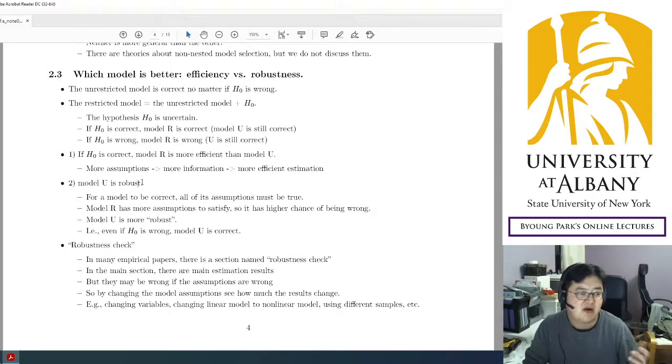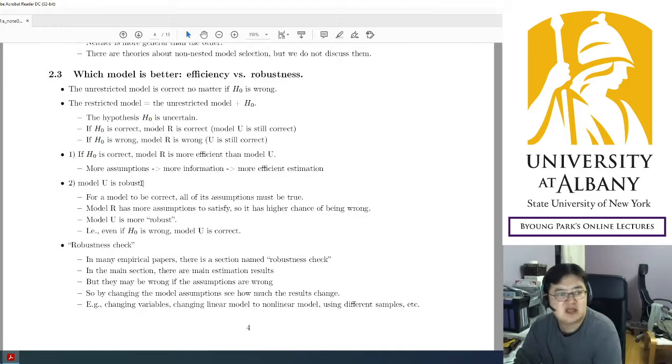Robust means this model is more likely to be correct, because for a model to be correct, all assumptions must be true, but the restricted model utilizes more assumptions, so it's more vulnerable to the failure of one of those assumptions. So the unrestricted model is more robust.